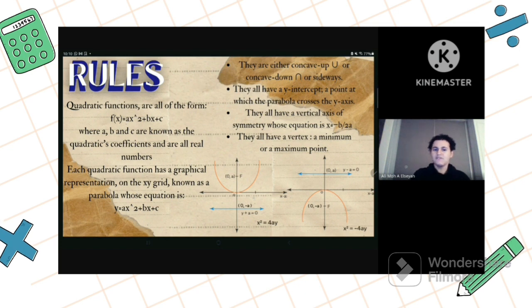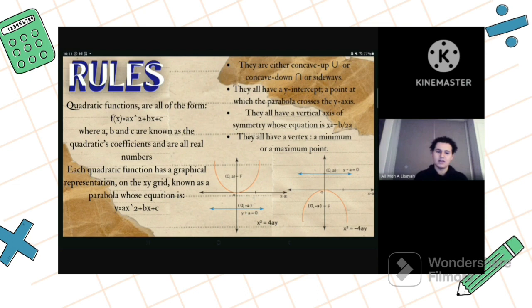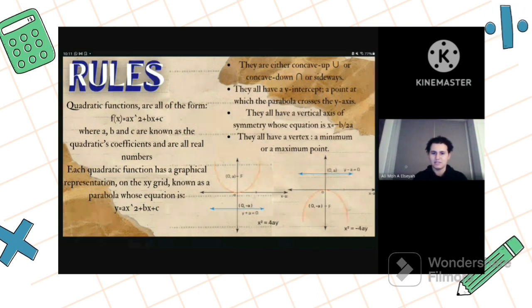Parabola rules. Quadratic functions are all of the form f(x) equals ax squared plus bx plus c, where a, b, and c are known as the quadratic coefficients and are all real numbers. Each quadratic function has a graphical representation on the xy grid known as a parabola, whose equation is y equals ax squared plus bx plus c.